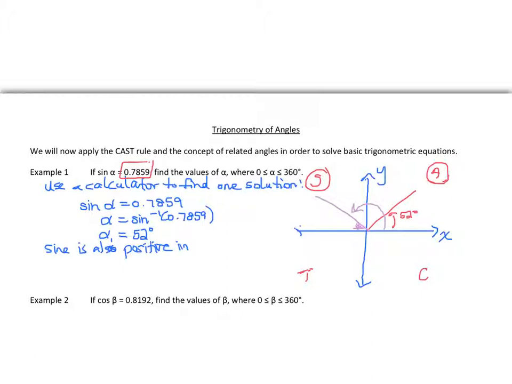Sine is also positive in quadrant 2. So in quadrant 2, a second value for alpha could be found by subtracting 52 degrees from 180 degrees. So a second value would be 128 degrees. So our two possible solutions between 0 and 360 are 52 degrees and 128 degrees.